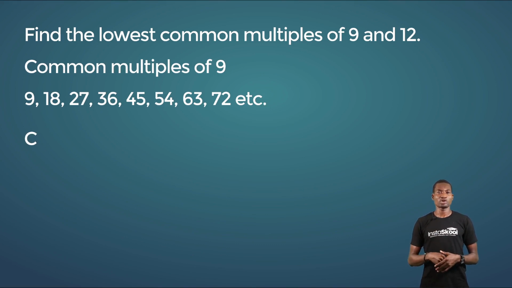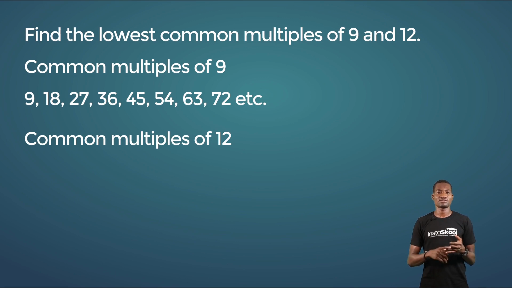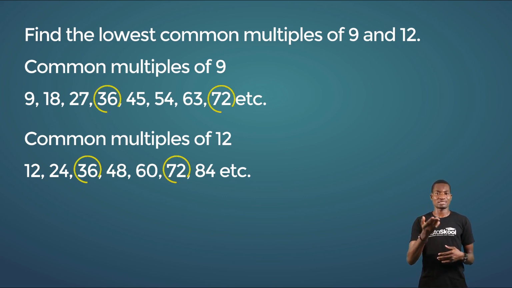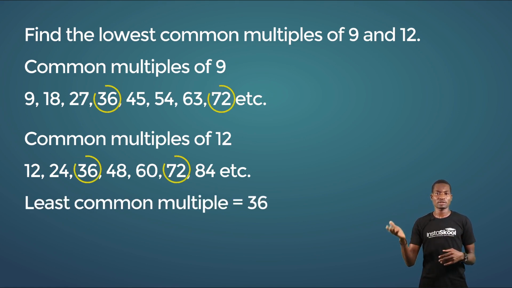Multiples of 12 include 12, 24, 36, 48, 60, 72, 84. You'll notice that amongst these two sets of multiples, we have 36 and 72. However, which one is the least? 36. So the least common multiple of 9 and 12 is 36.